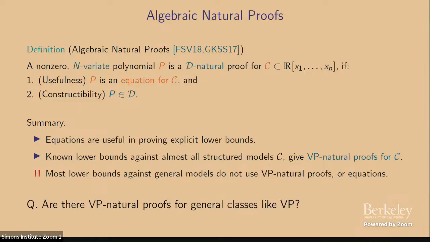So in this language, the question from the last slide becomes: are there VP natural proofs for general classes like VP? Why do we care about this? It seems to be a very natural template, in the sense that without knowing this template, most people seem to have followed it. So it's good to know if the same template would work.